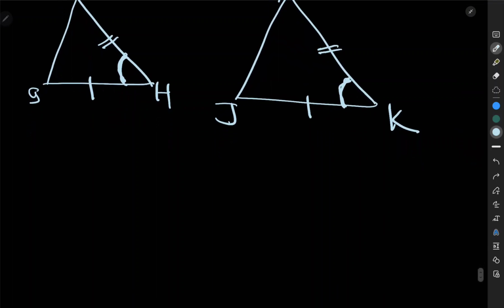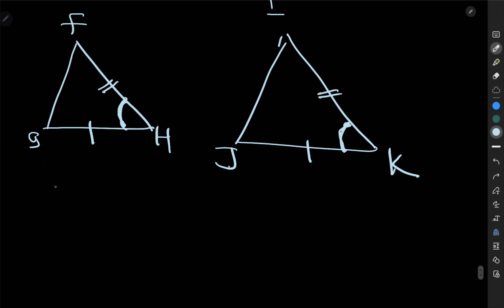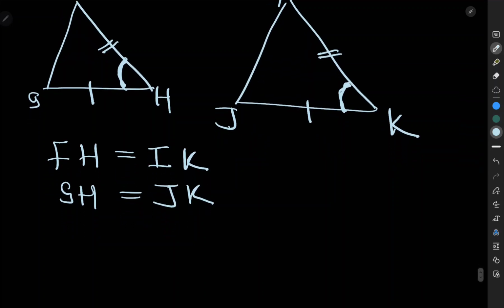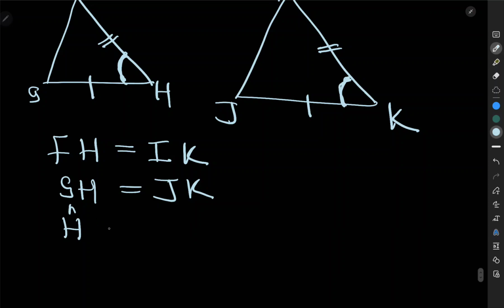Okay, so to write that down, I would say side FH is equal to IK, and here we know that GH is equal to JK, and we know that angle H is equal to angle K, and that's the included angle, meaning the angle between the two sides.